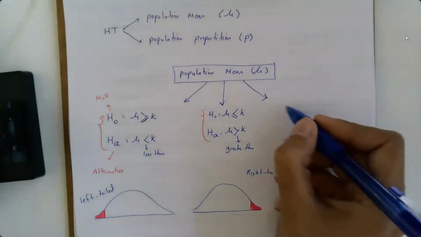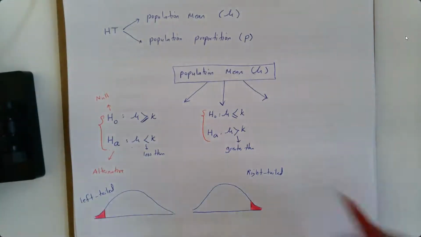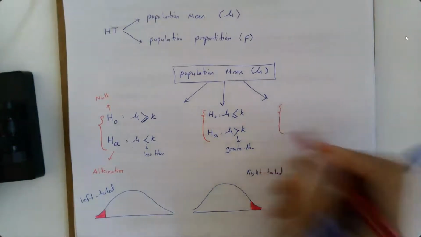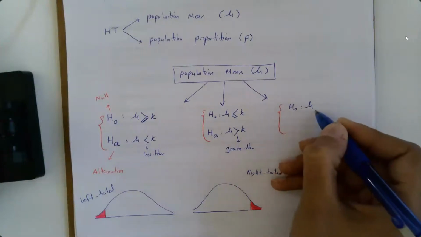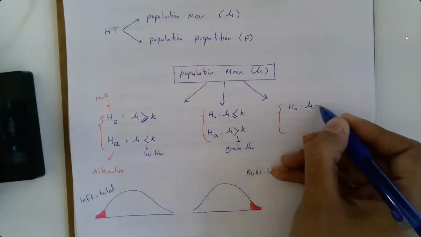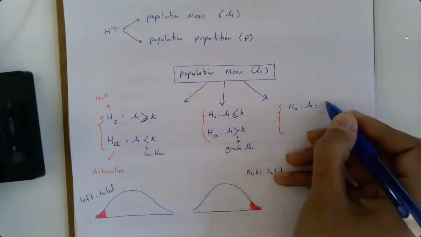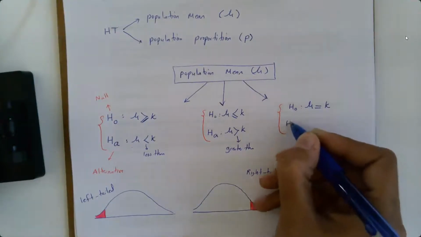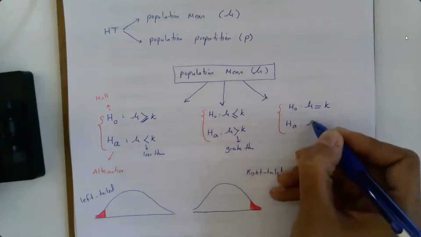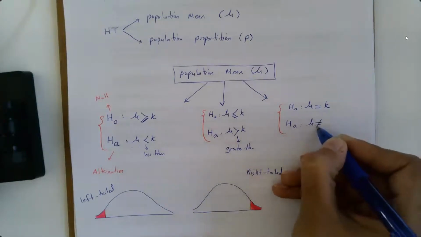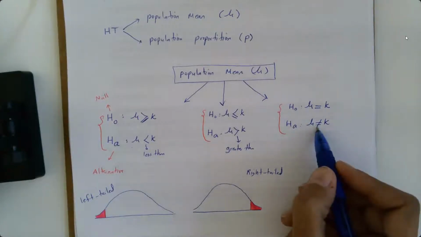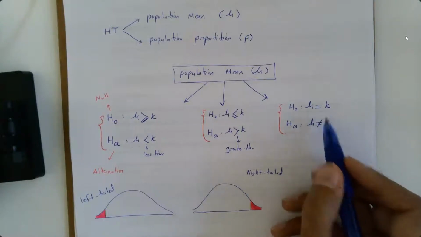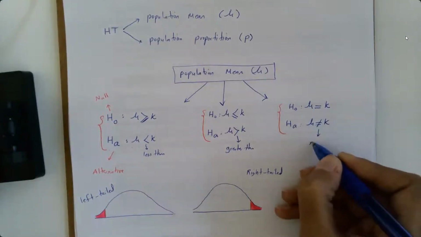And finally, in the last scenario, the null hypothesis says the mean of the population is the same as a number like k, and its alternative says the mean is not equal to k. It is not the same as k. As you can see, these two are opposite of each other. Not the same.